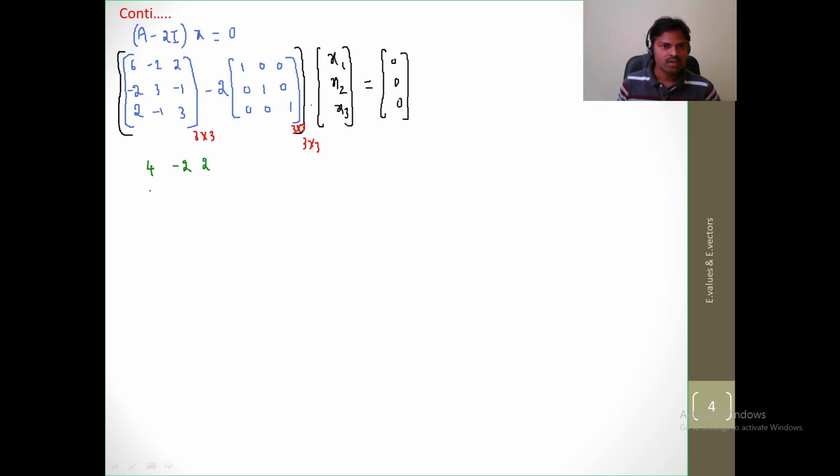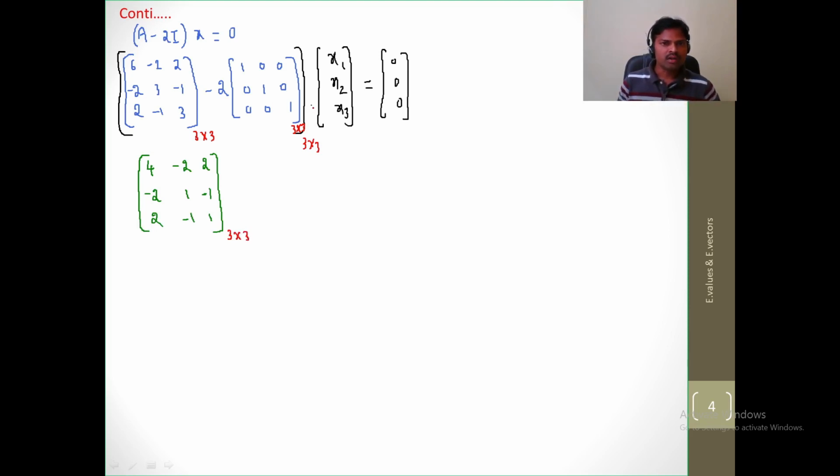Next row: minus 2, 3 minus 2 is 1, and minus 1. Last row: 2, minus 1, and 3 minus 2 is 1. So this is the resultant matrix of A minus 2I, and its order is 3 by 3.